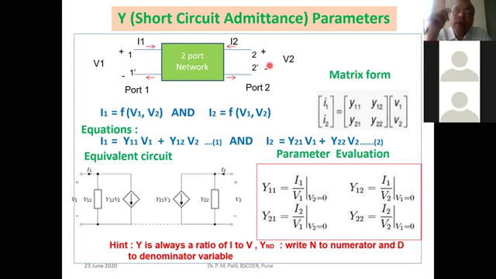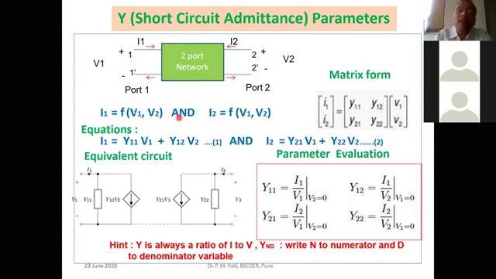In case of Y parameters, currents I1 and I2 are the dependent parameters, and voltages V1 and V2 are the independent parameters. That means you have to express I1 and I2 in terms of V1 and V2: I1 as a function of V1 and V2, and I2 as a function of V1 and V2.